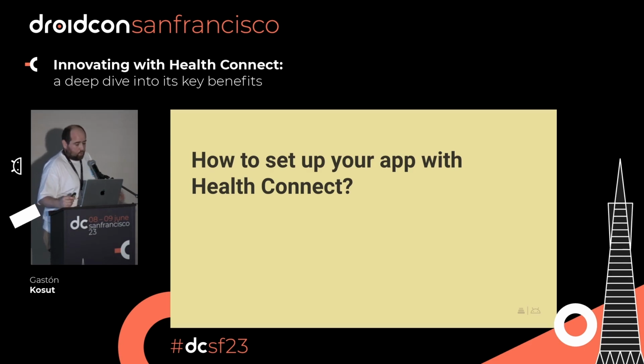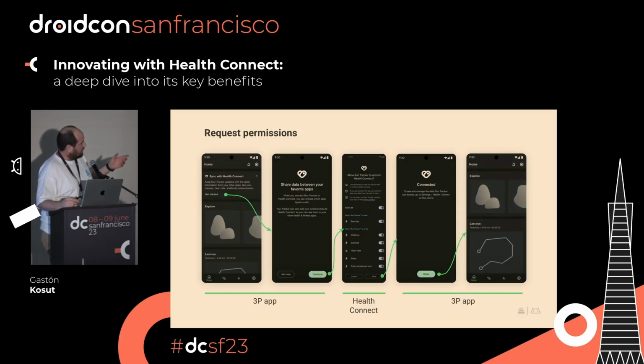Well, we saw the key benefits of this solution, but let me show how the magic works. First of all, in the first two images, we can see a third-party app.